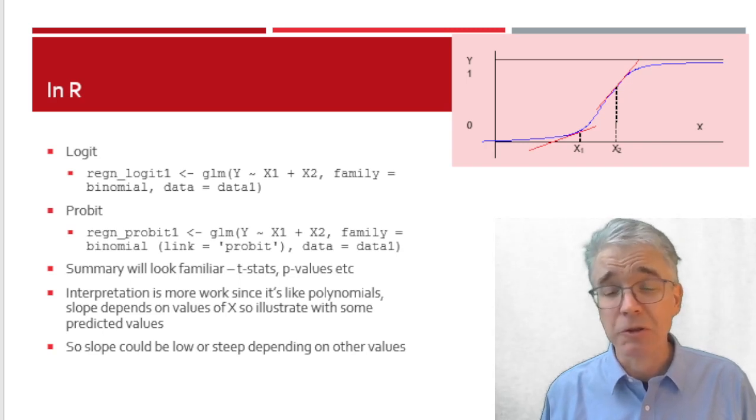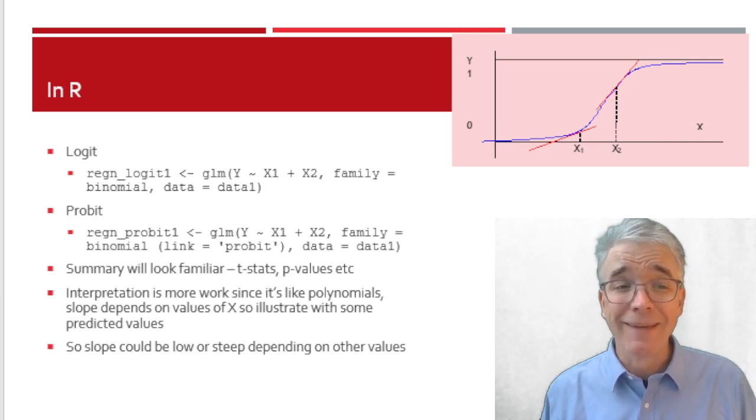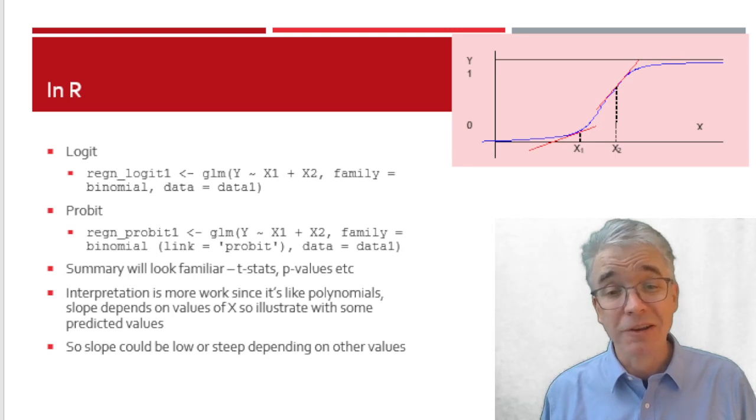That person has a low probability of the outcome regardless. But at x2, on the other hand, that point is where the slope is nearly at its maximum, so you'd see large changes. Now, it can be difficult to interpret all these coefficient estimates, but I've said before, you're now at the point where getting some results from R is pretty easy. The hard work is to understand and explain what it all means.